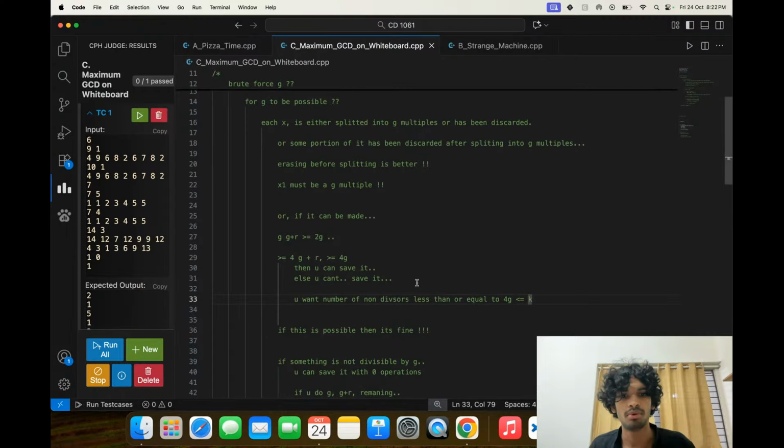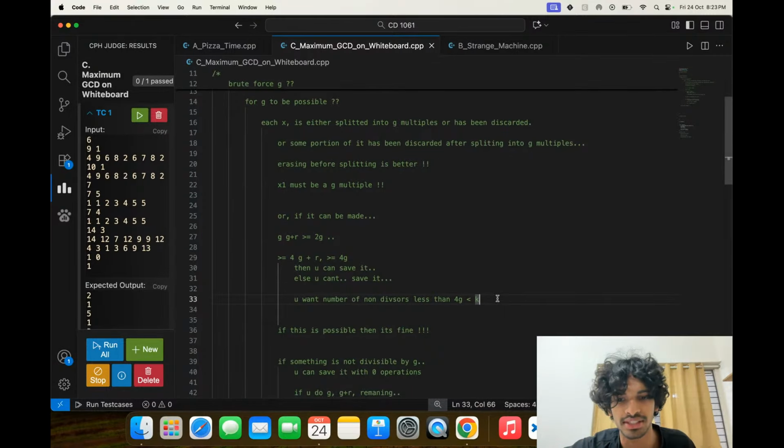Less than 4g cannot be saved. Number of things less than 4g, they cannot be saved for sure. We have proved it very clearly. And if they are less than 4g, if they cannot be saved, you want that count.